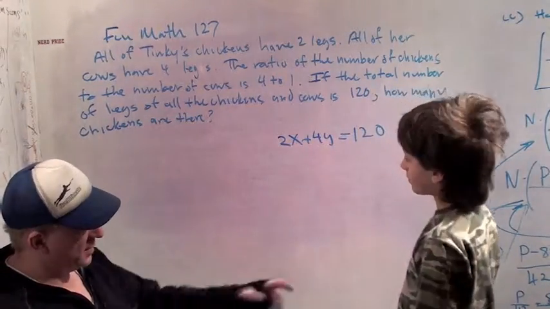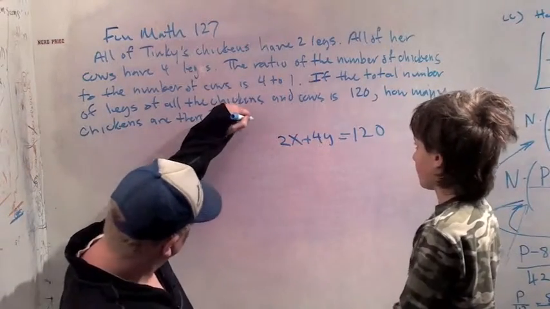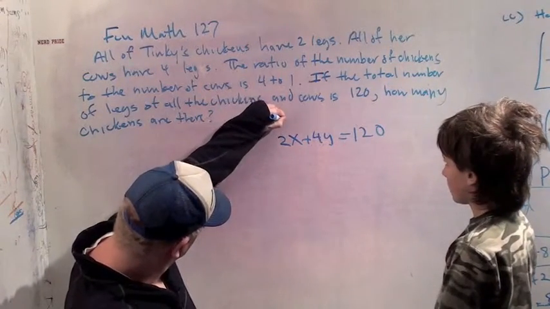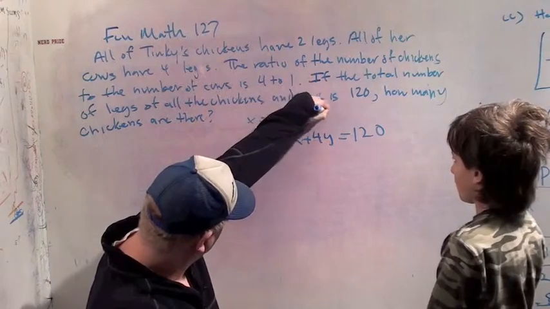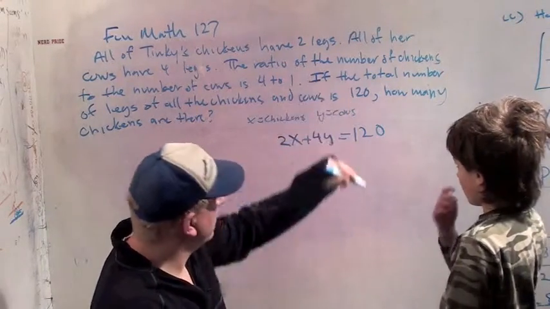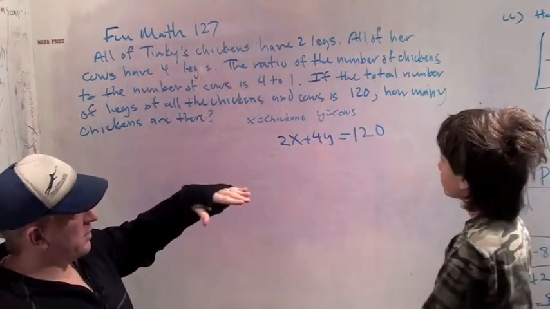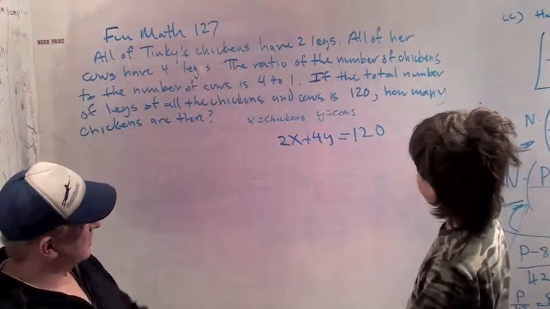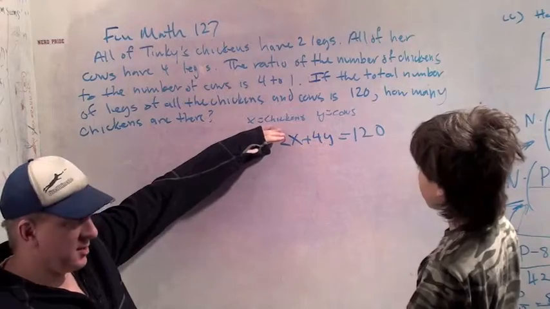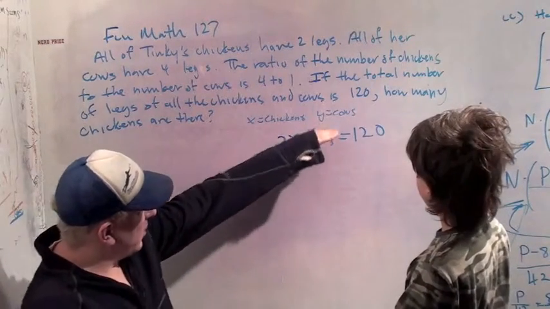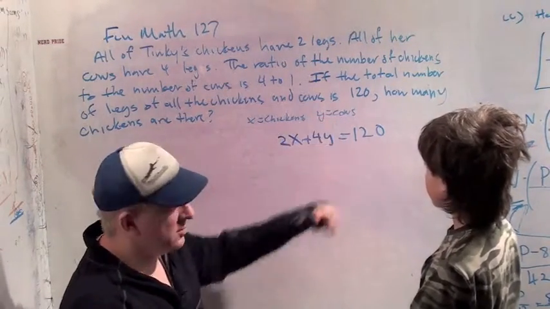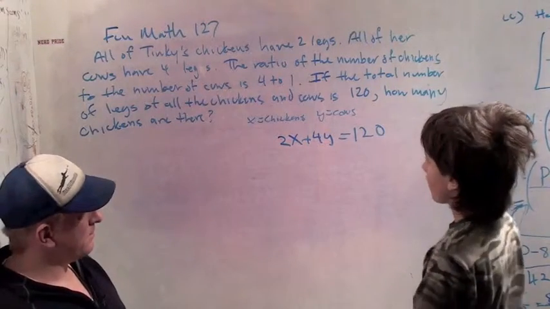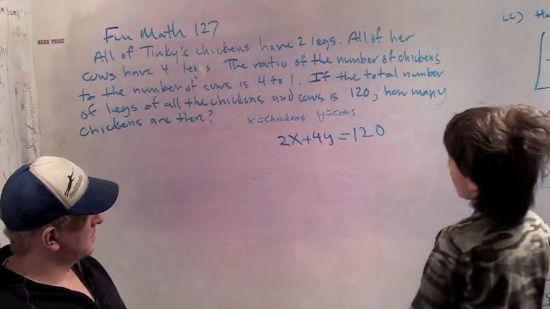Let x equal chickens and y equal cows. It's always good to write that down. Each chicken has 2 legs, plus 4 times the number of cows, is 120.